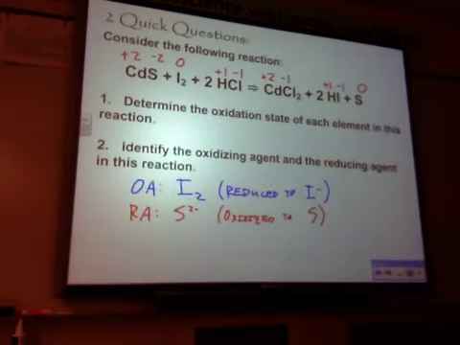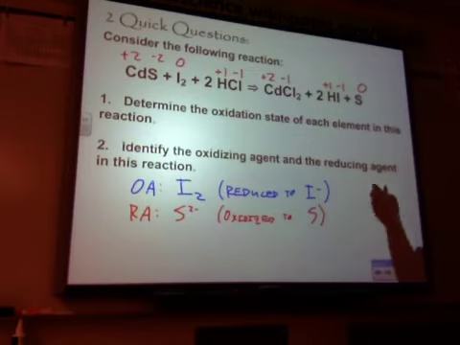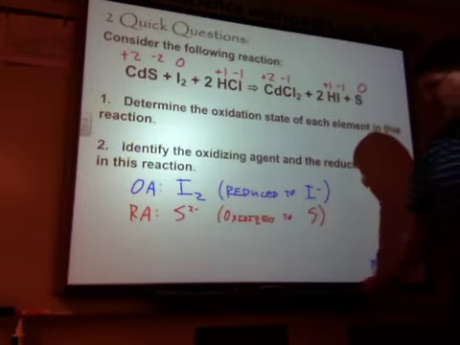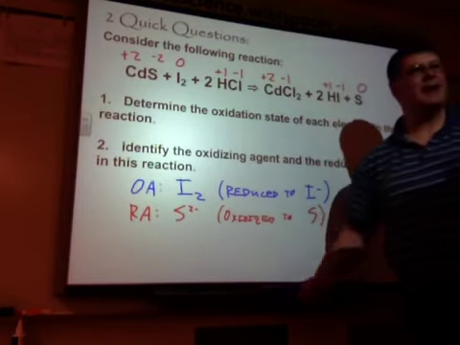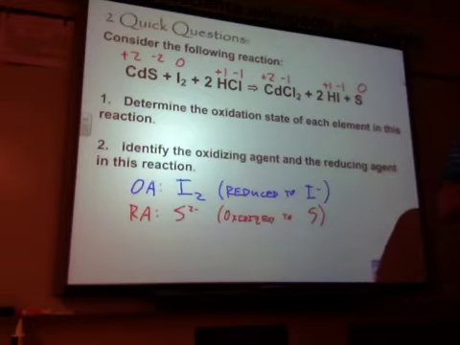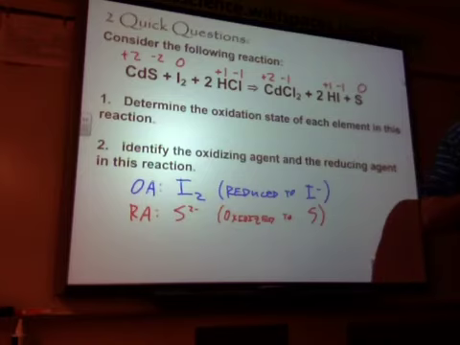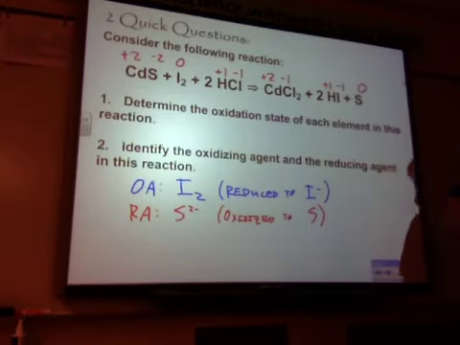So, this is a good first step towards solving oxidation reduction problems. You have to be able to identify the oxidation states of the various things and identify what's being oxidized, what's being reduced. Now, what's the use in being able to do that? We'll go through that step by step. So this is Redox 101.